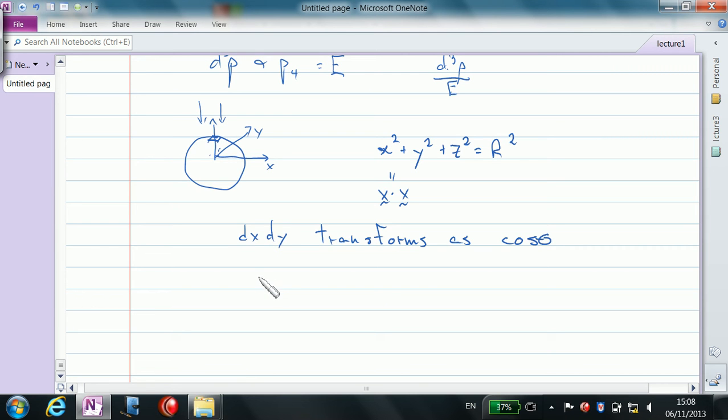Now the z coordinate also transforms like cosine theta, because I'm on the sphere. So dx dy over z, where z is the third component of the vector, is invariant under rotation.